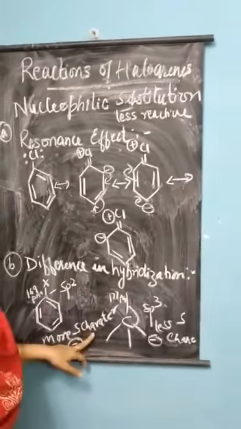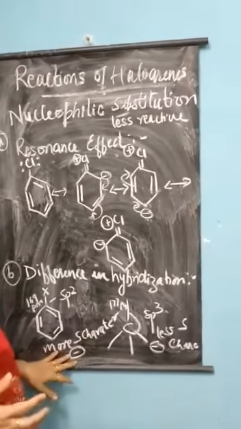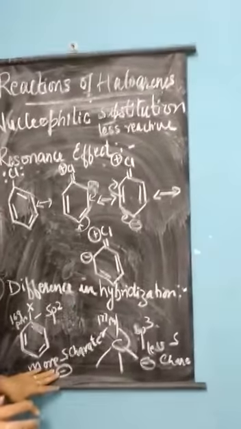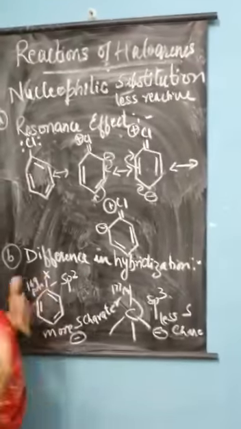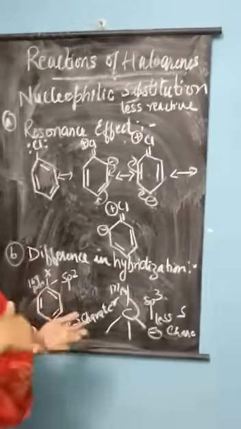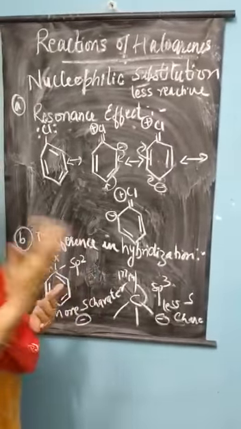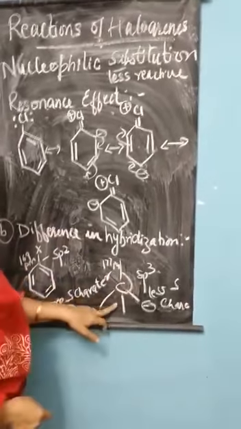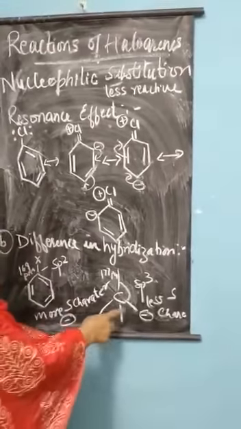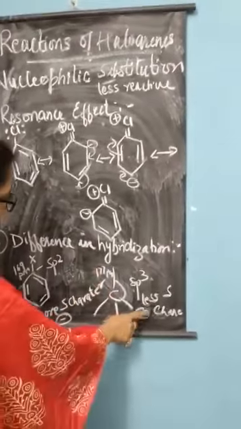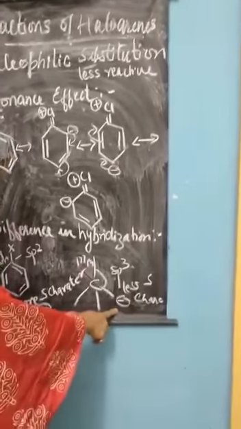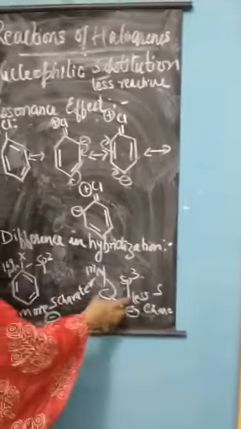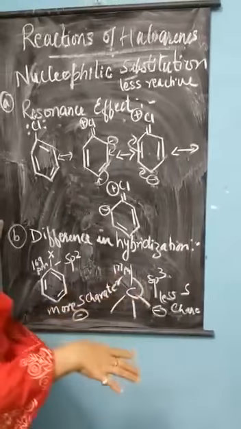More s character means more electronegativity. When the haloarene has more electronegativity, it is not possible for it to attach another nucleophile. In comparison, haloalkane has less s character. Less s character means less electronegativity, so it can easily attach any nucleophile.